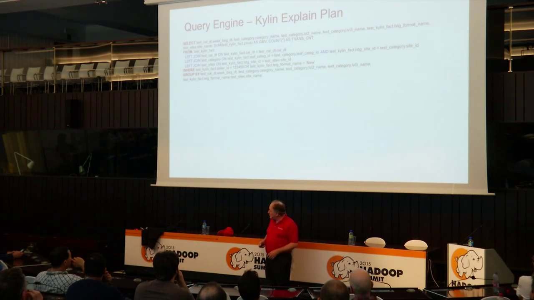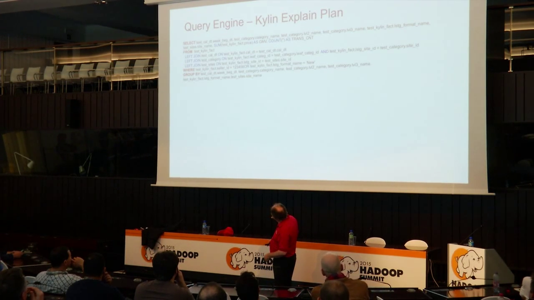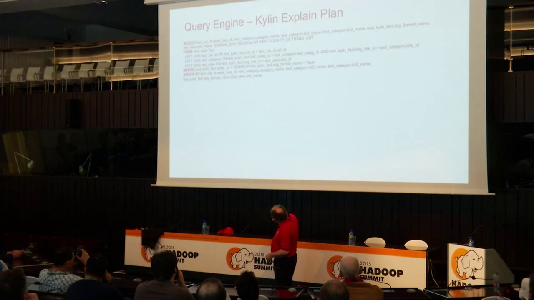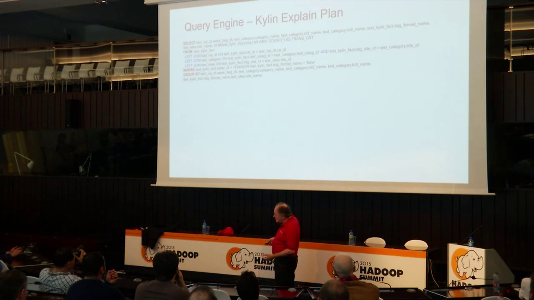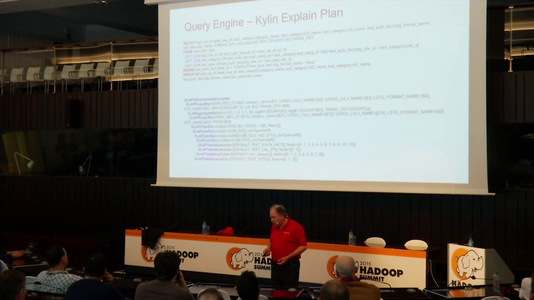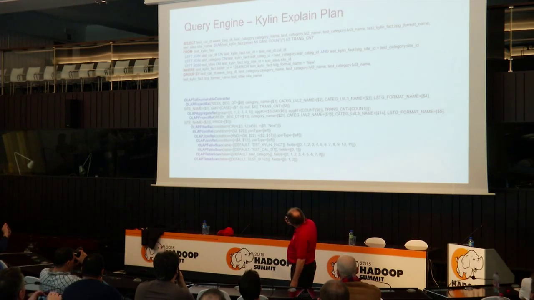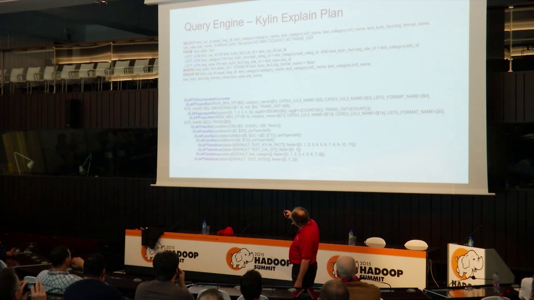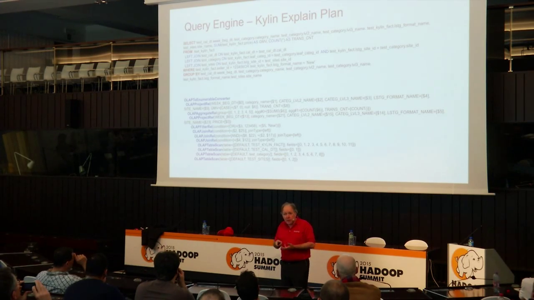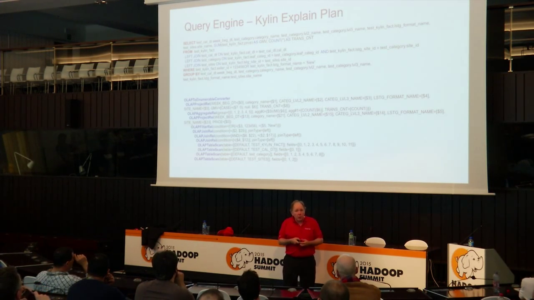So here's an example, and I think this is going to be much more useful for reference later, but this is a realistic production query that Kylin was done against. And when you look at the Calcite plan, you see the prefix there. This is the important thing. Every operation here ultimately goes to a physical operator, which is an OLAP operator.